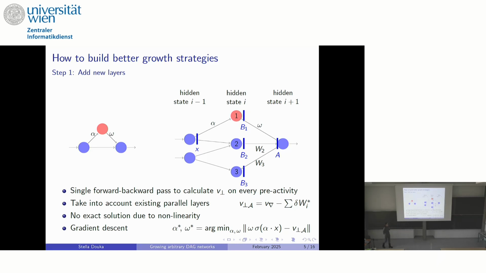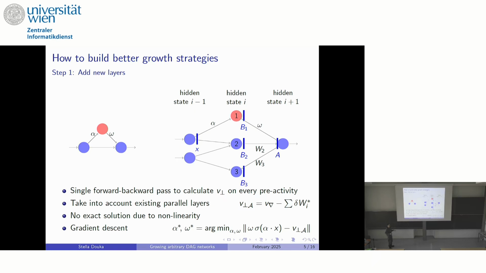And then we can proceed a little bit differently than the sequential case. Before, we had seen that we need to take into account all the existing parameters so that we don't have redundancy in the new neurons. But in this case, the existing parameters also include parallel layers. For example, because our output layer outputs to this node here, we also have the existing weights W2 and W3 that output to the same node.